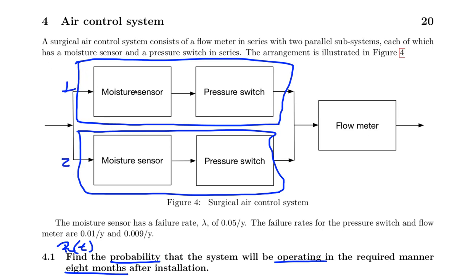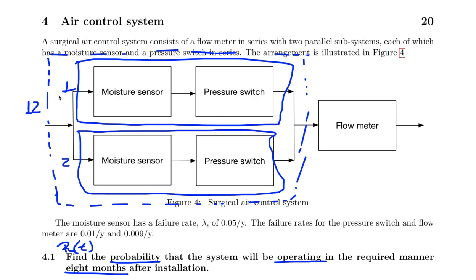So then as soon as you solve this, you need to solve a parallel one. That would be this guy here. So I'm calling the parallel of 1, 2, and then you have the big one with the flow meter.